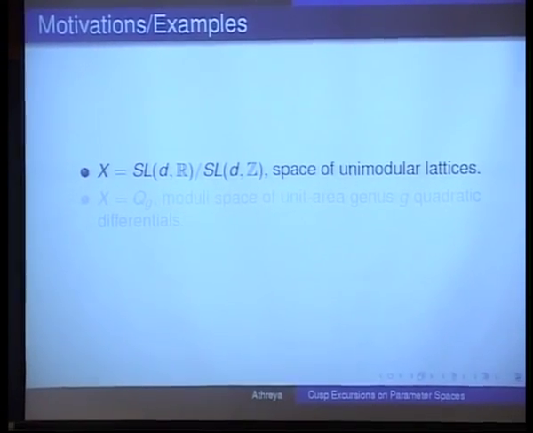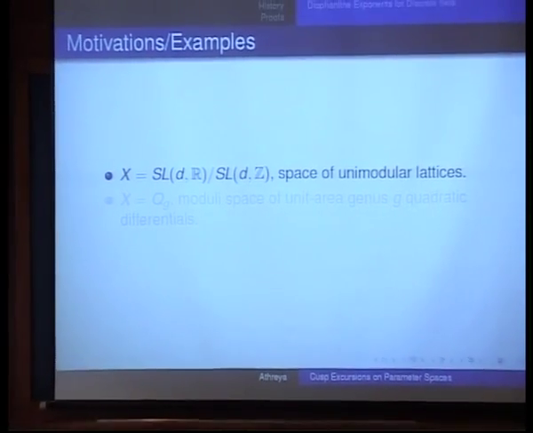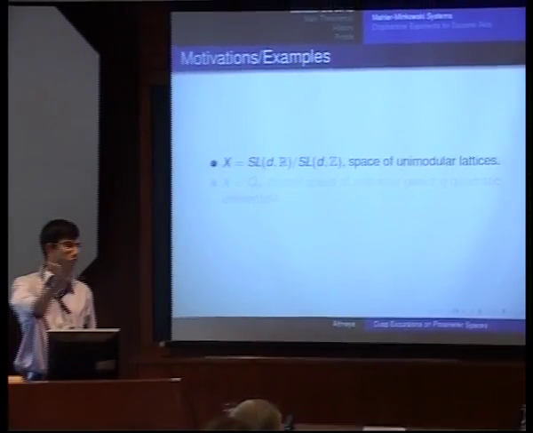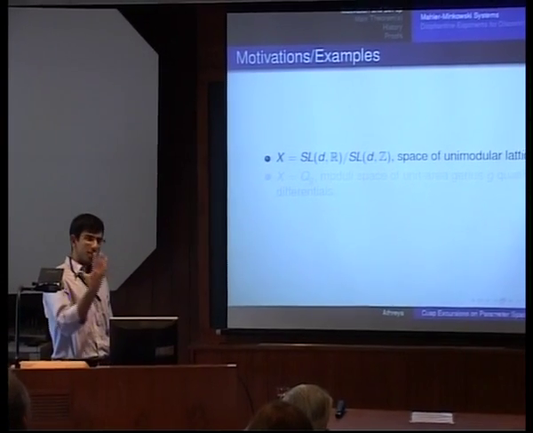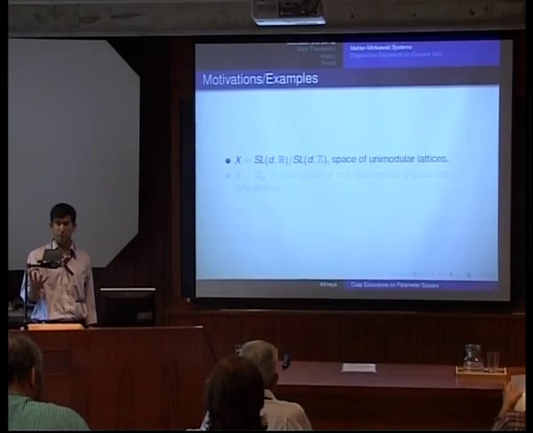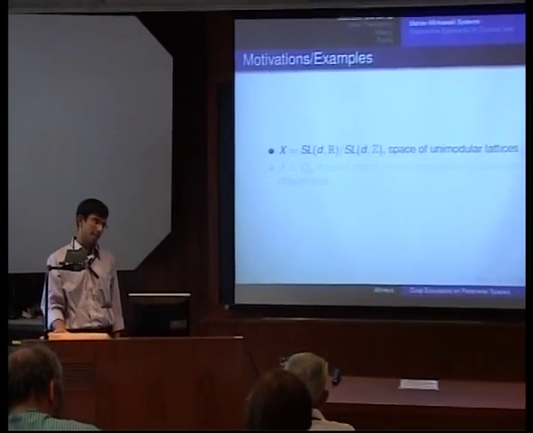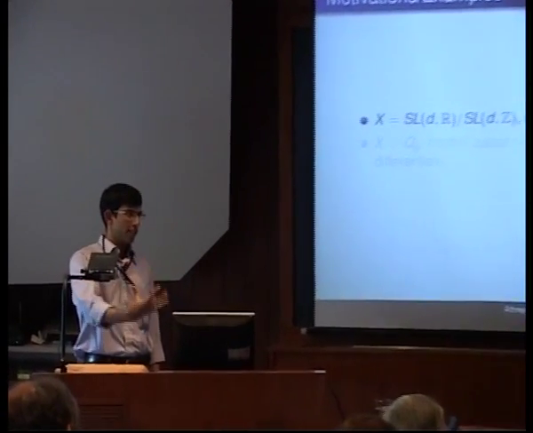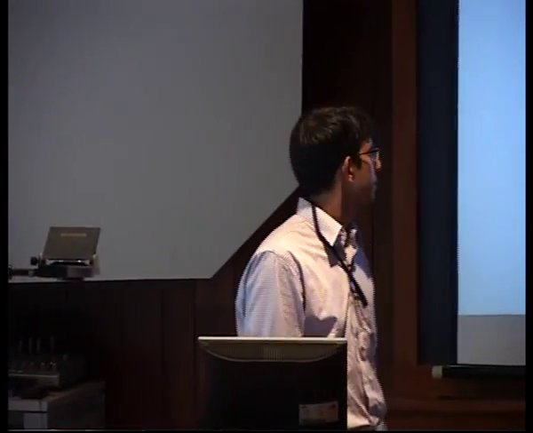You give me a unimodular lattice, I can get there from Z^d using a matrix. And what's the stabilizer of a point? The stabilizer of the integer lattice Z^d is simply SL_d(Z). So if I have a transitive action and I know the stabilizer, I can identify the set of objects with the coset space.